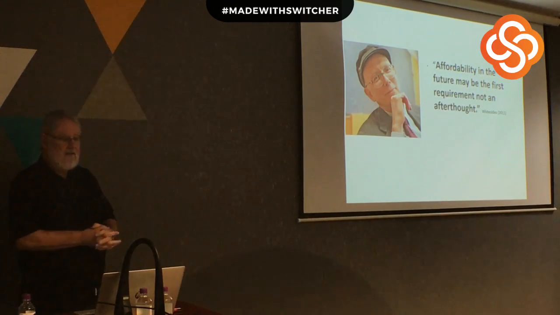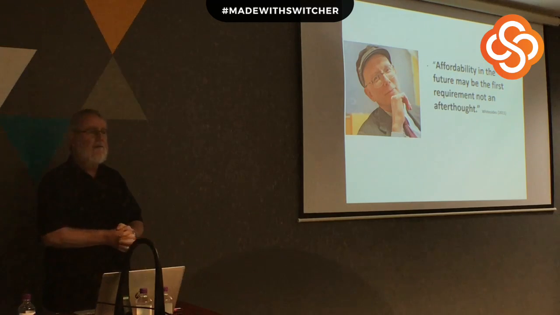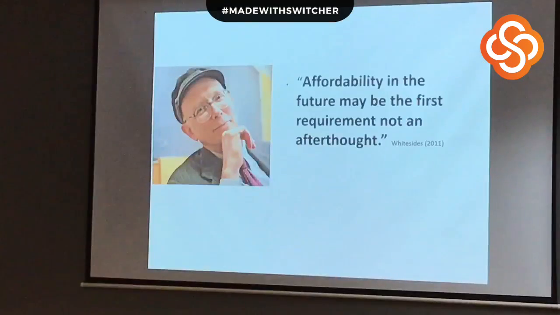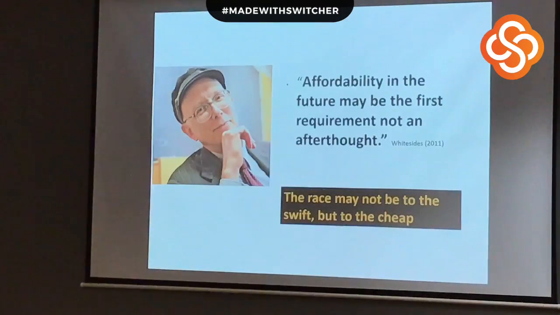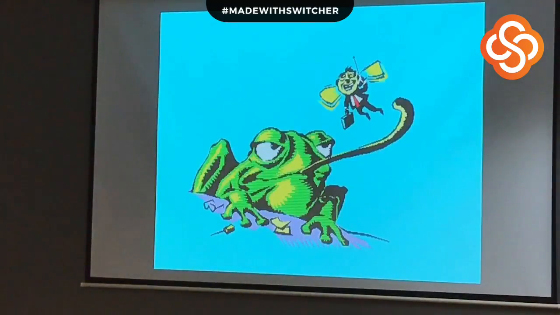Professor Whiteside at MIT said that affordability in the future may be the first requirement, not an afterthought. And the race may not be to the swift, but to the cheap. We need to make education accessible to everybody.